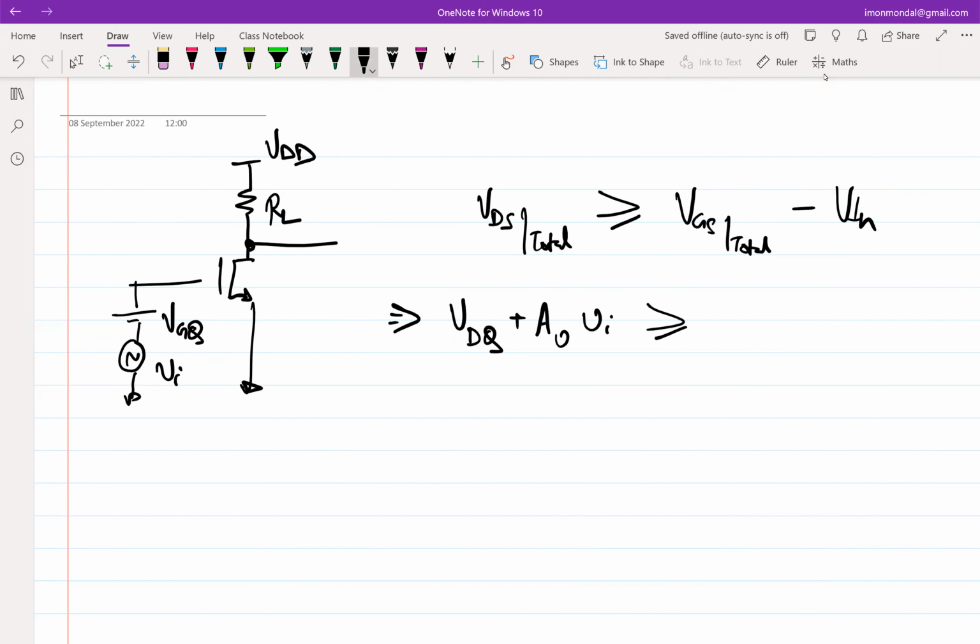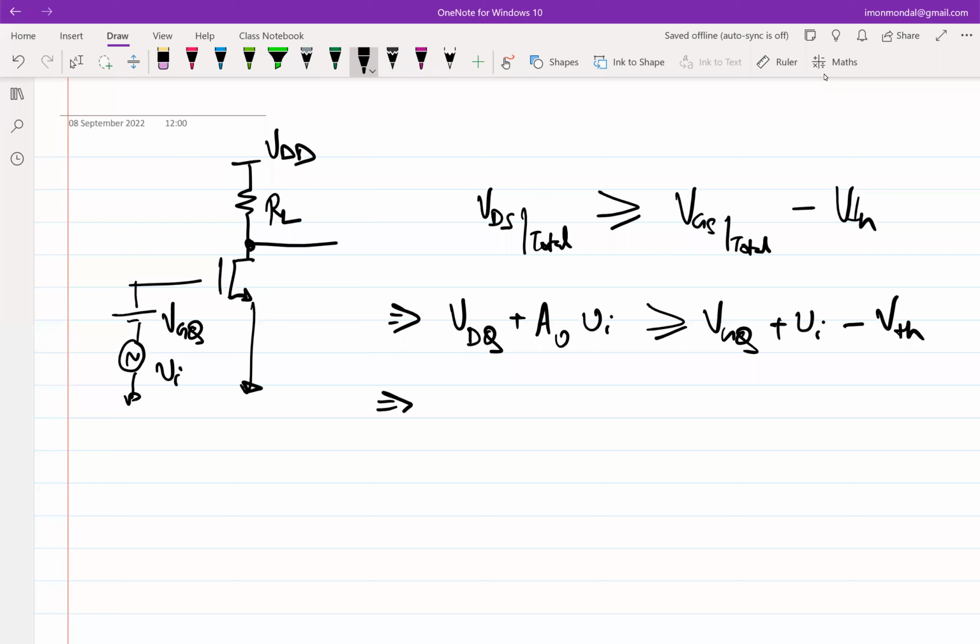This should be greater than quiescent, that is VGQ, plus the input in this case, minus threshold voltage, and which essentially led us to the conclusion that this AV times VI was minus GM RL in this case.